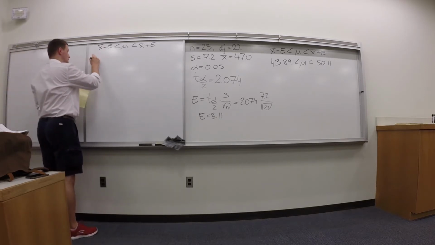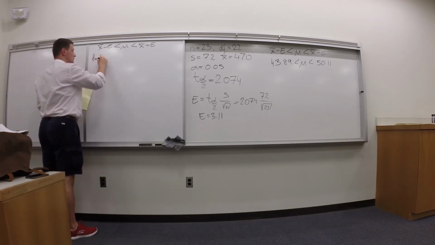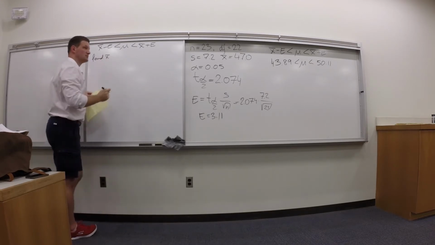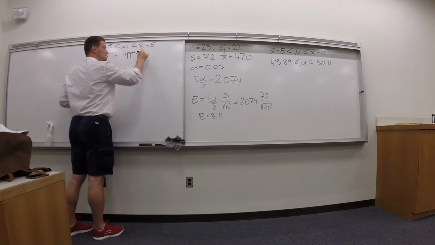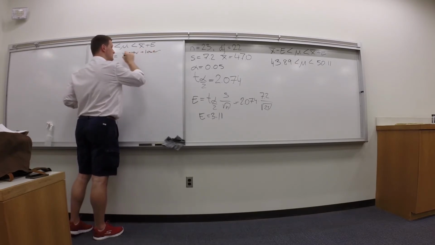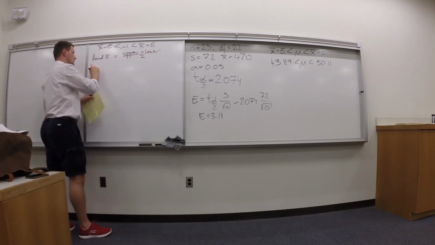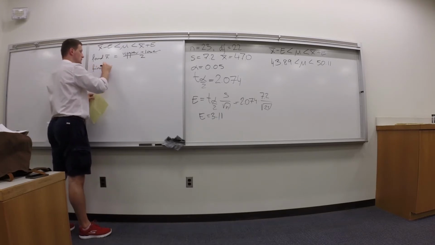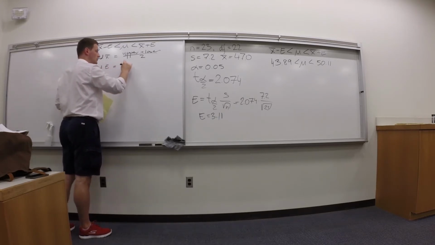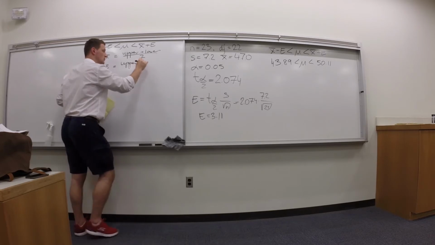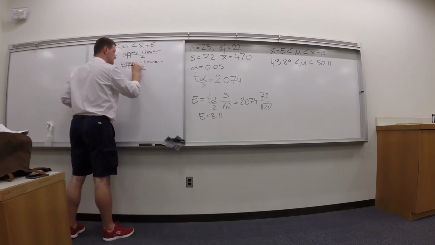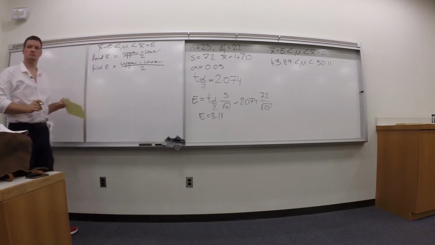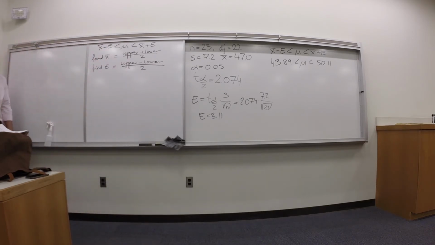Well, we found x bar to be equal to the upper plus the lower divided by 2, and to find E we went upper minus lower divided by 2. We did that for p hat.